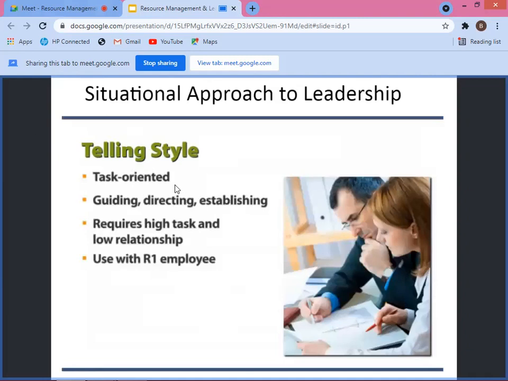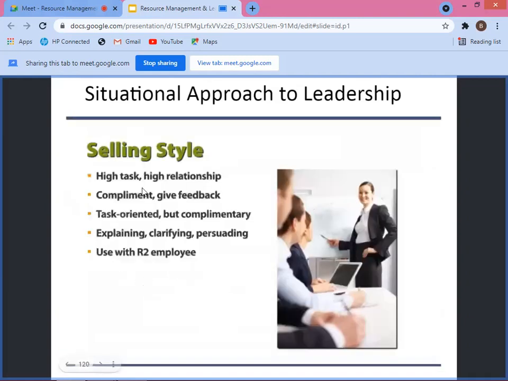Telling style: task-oriented, guiding, directing, establishing, requires high task and low relationship. You use that with R1 employees. The selling style: high task, high relationship between leader and member. Compliment, give feedback for a job well done.